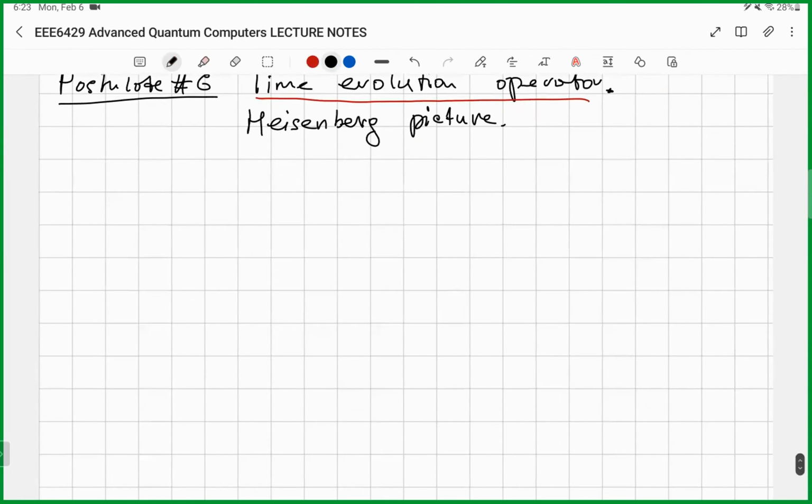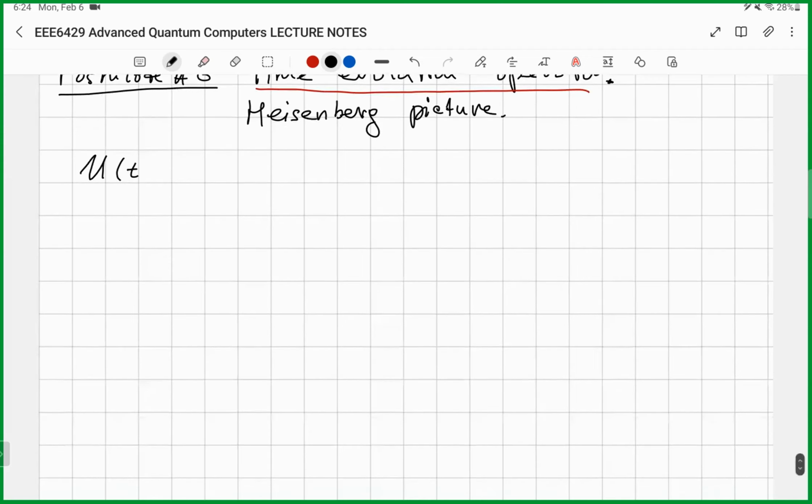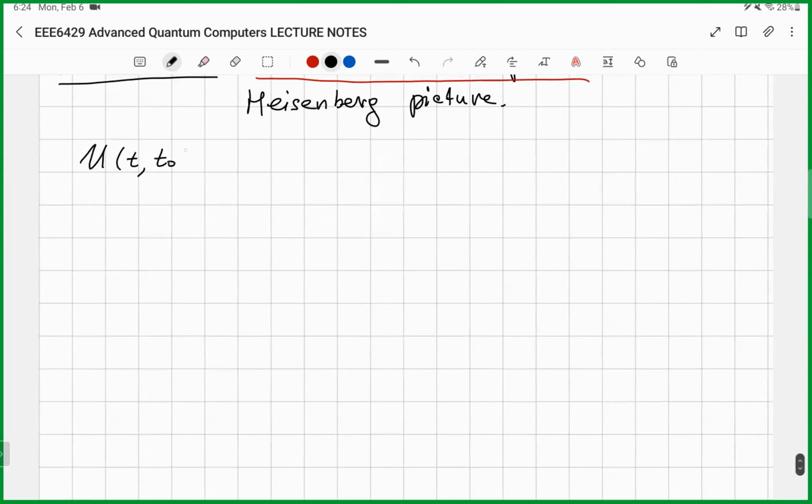So let's postulate that the time evolution operator is the following operator U, because as we will see, this is a unitary operator, and it gets two arguments, basically the final moment of time and the initial moment of time.